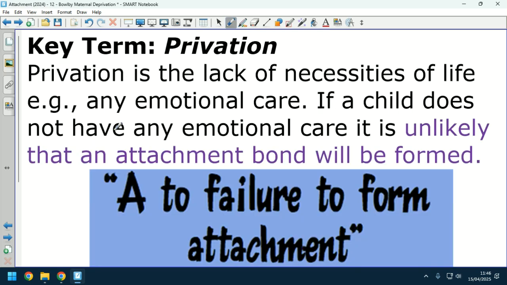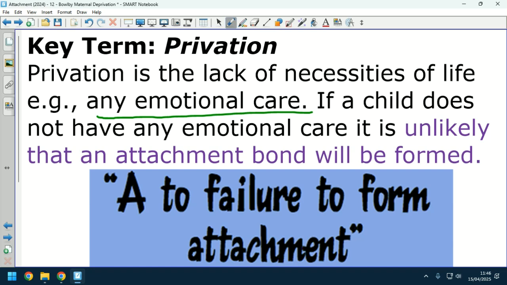However, there's perhaps a bigger concern that we need to look at, and this is whether Bowlby actually was looking at deprivation or potentially was he looking at privation. Now, in terms of privation, it's slightly different because it says that there's no emotional care. In other words, you're probably unlikely to have formed a bond.